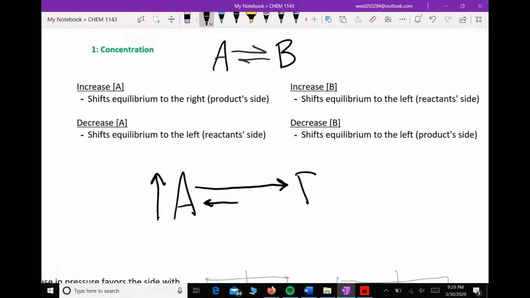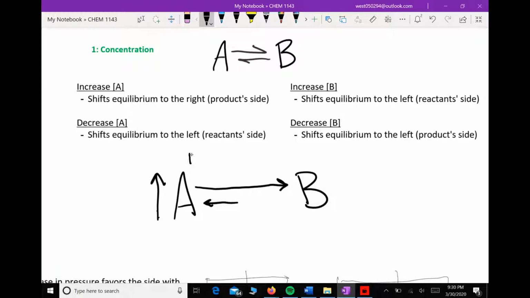You can think about this in terms of A being an acid and B being the product that it yields. If A increases in concentration, it has more protons to give off, because the definition of an acid is that it donates protons.